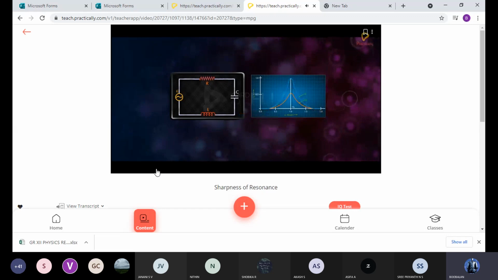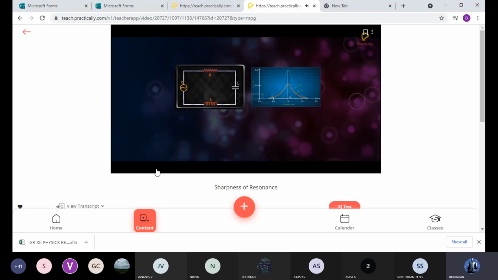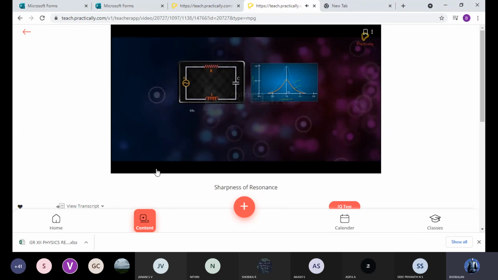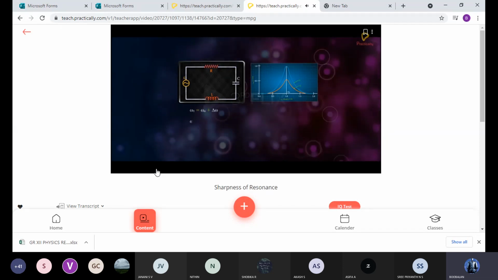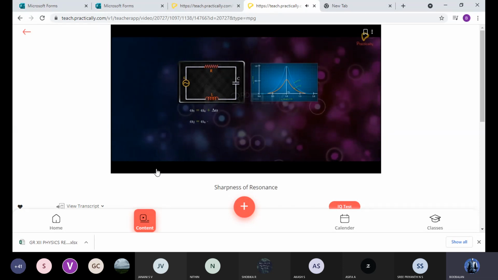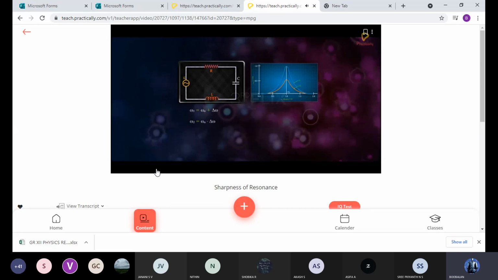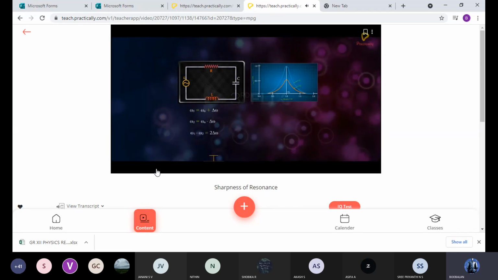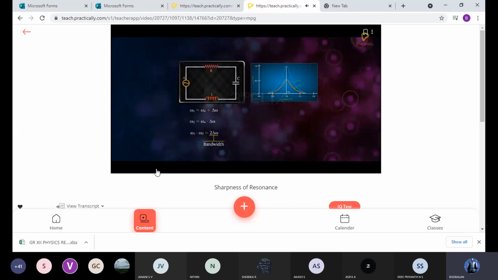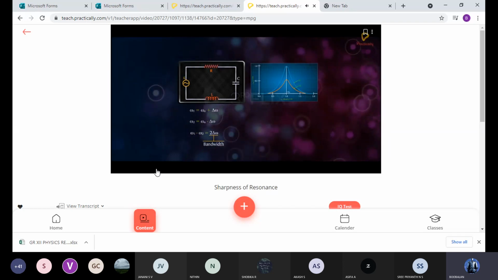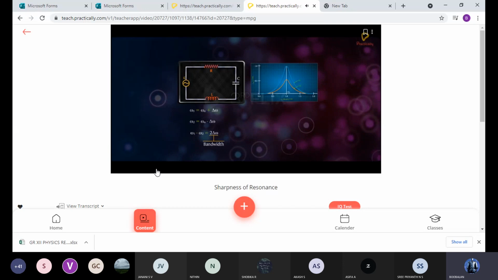By observing omega 1 and omega 2, we can say that omega 1 is equal to omega naught plus delta omega, and omega 2 is equal to omega naught minus delta omega. The difference between them is known as bandwidth, that is, omega 1 minus omega 2 is equal to 2 delta omega.